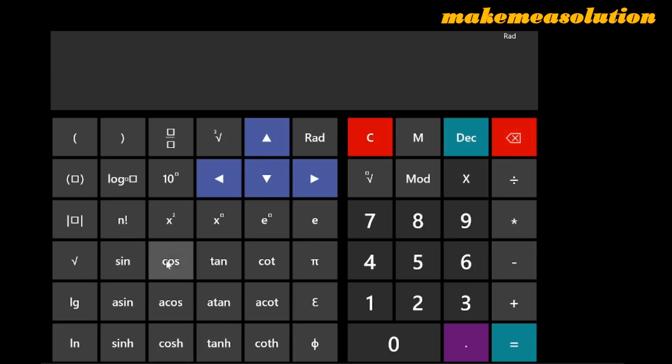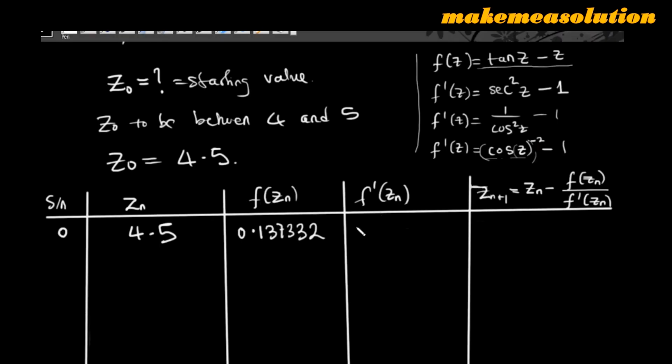So we have cos 4.5 raised to the power of minus 2, minus 1. It is not the 4.5 that is raised to the power of minus 2, but the entire cos itself. This cos 4.5 to the minus 2 is the same thing as sec square 4.5. This gives me 21.504849 to 6 decimal places.